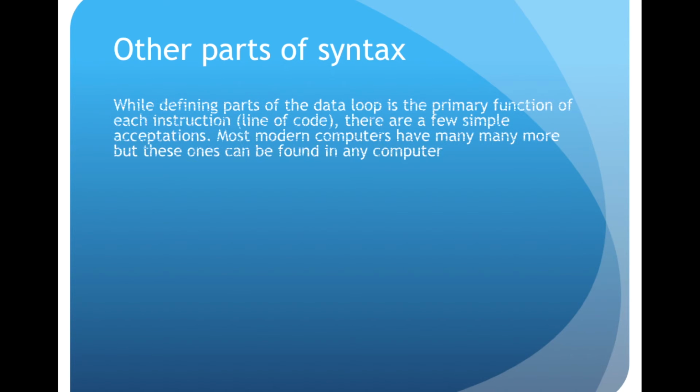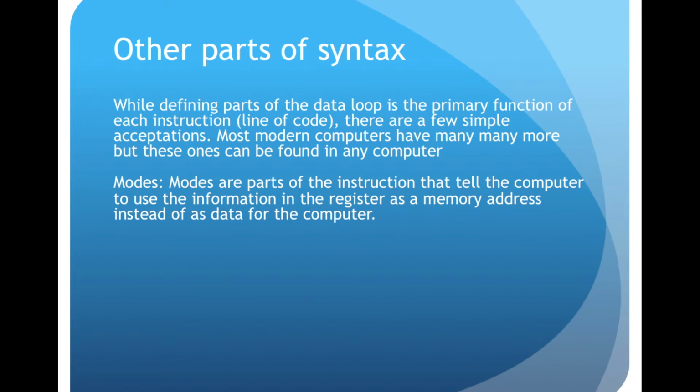So, other parts of syntax. While defining parts of the data loop is basically what's going to be going on for most of the instructions, there are a few simple exceptions. The first one we're going to talk about is a mode. A mode is a bit that is basically going to tell us if we want something other than the information that we already have in the register.